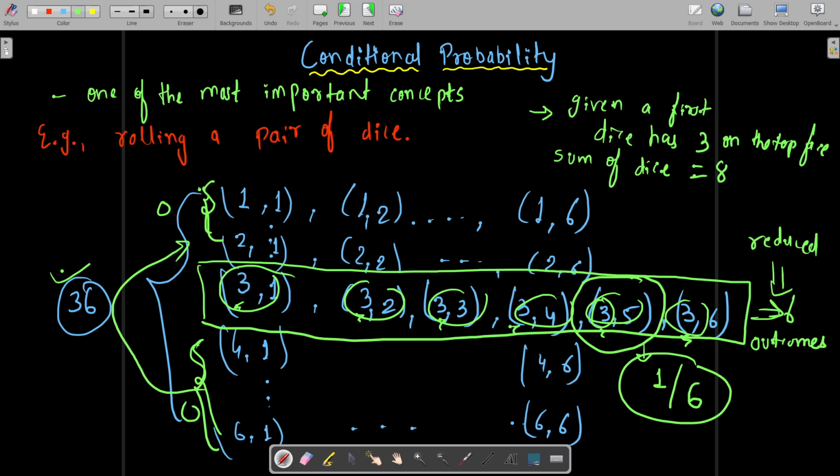So this is what conditional probability is: it reduces the sample space, and thus we are more certain about our result, there is not much uncertainty as compared to the unconditional probability that we have. Now the most important thing is how to derive the formula for the same.